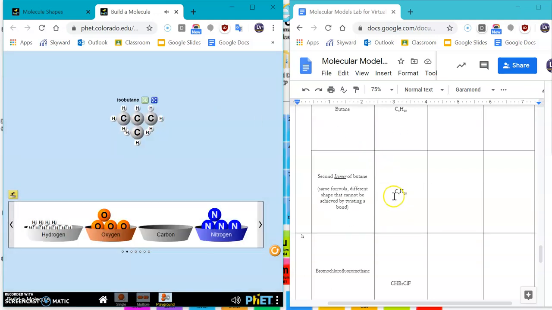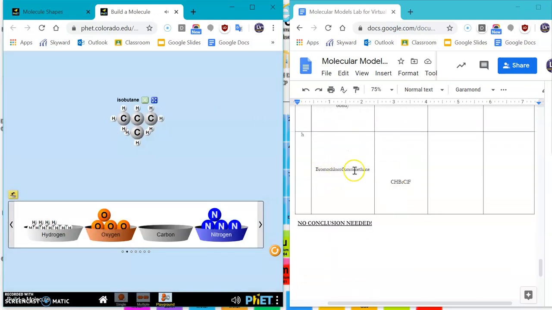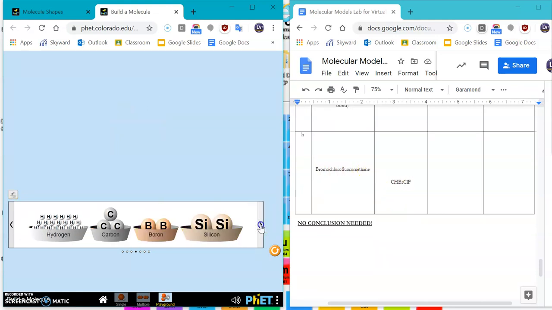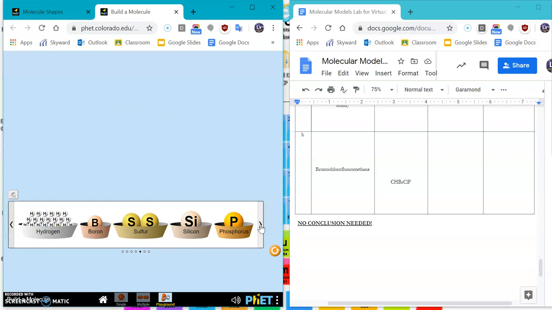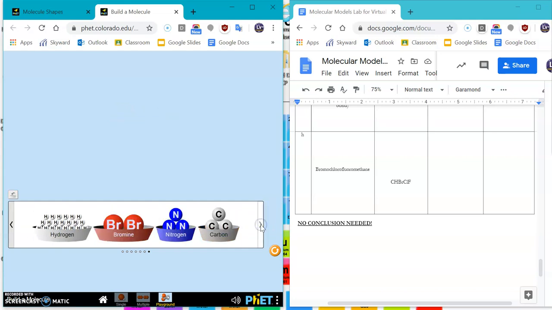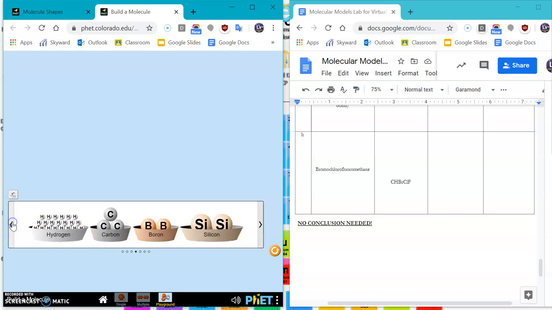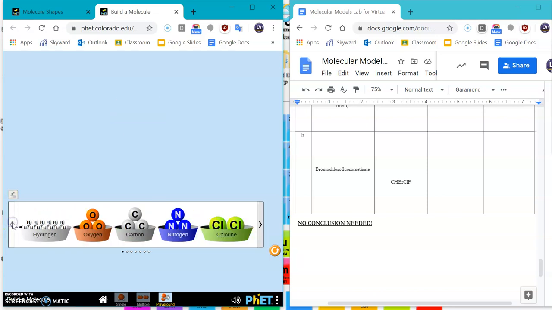Beautiful stuff, huh? And lastly, bromochlorofluoromethane. So that means you need bromine. Let's see. CH4Cl.